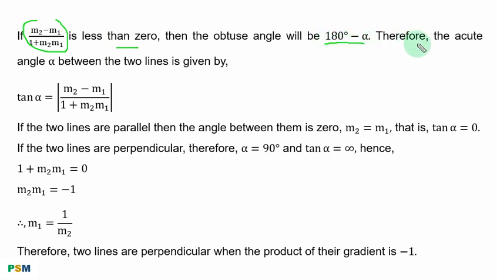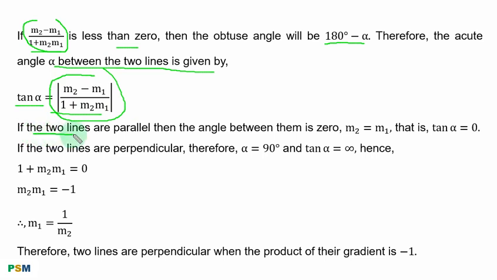Therefore, the acute angle alpha between the two lines is given by tan alpha equals the modulus sign, or the symbol of absolute value, of this expression. So that if you have a negative outcome from here, this symbol converts it to positive.